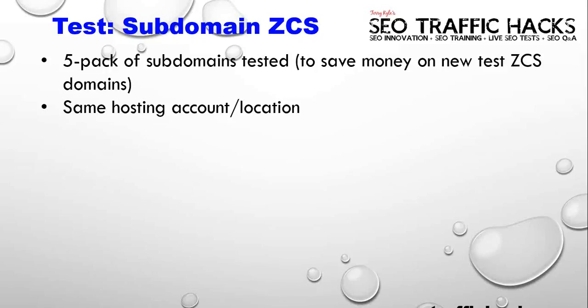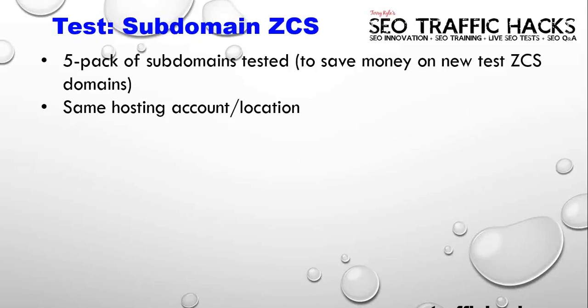All on the same hosting account in the same location, but I can and will do a different test where I locate the different subdomains in different hosting accounts around the US, since I'm trying to rank in the US. Apparently you just need to change the A record on your subdomains, and you can move them to other hosting accounts elsewhere. They don't have to be in the same location as your root domain. In this particular case, they were.